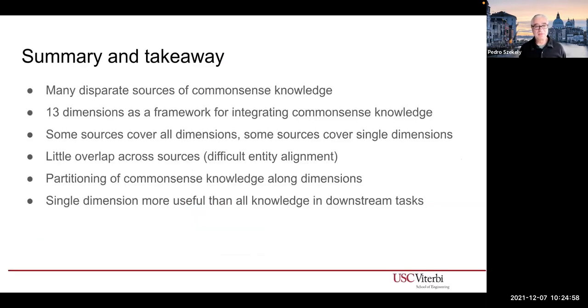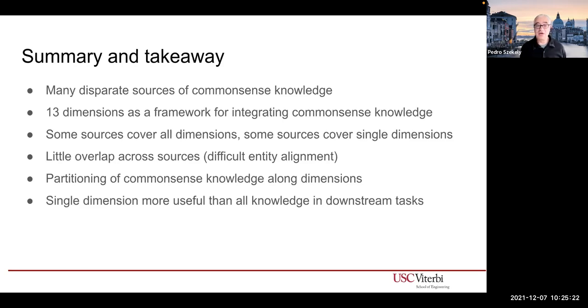So the summary is that there are many disparate sources of commonsense knowledge. We came up with 13 dimensions as a framework for integrating the knowledge. Some sources cover all the dimensions, some sources cover single dimensions, and they can be critical in the downstream tasks.